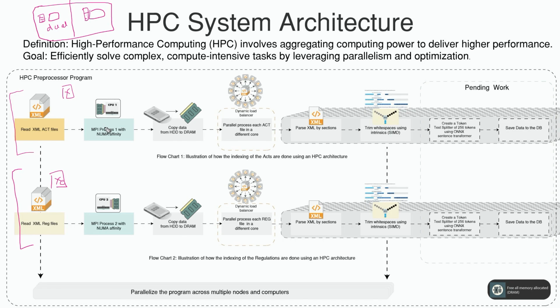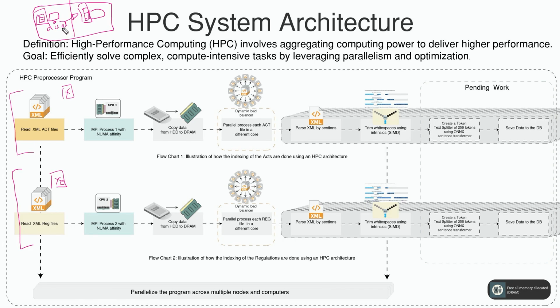NUMA is non-uniform memory access affinity, and we want to make sure that if you're running the application on this CPU, we want to allow all the data to be stored in this RAM, because if we store it in the other RAM and we're processing with your application running on this CPU, there is going to be some delay. And since we're dealing with high performance compute, we want to optimize for every single latency that's possible in your application.